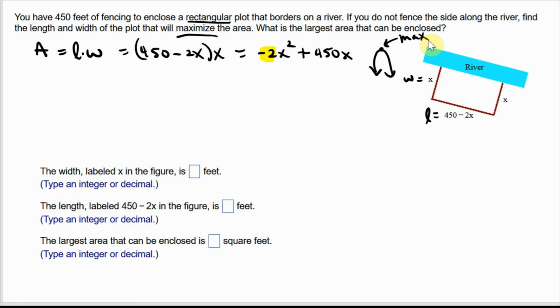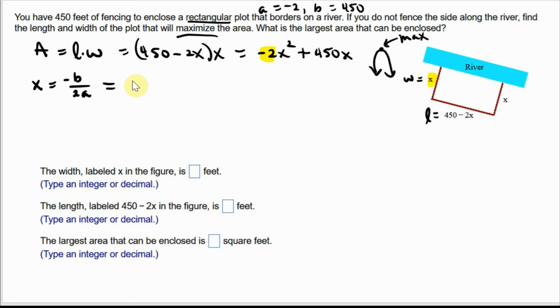So to get that maximum value for this parabola, obviously we just want to find the vertex. So we're going to use x equal to negative b over 2a to find the value for x that they're wanting. X is that width, right? So let's label what we have. Notice that the a is negative 2 and the b is 450.